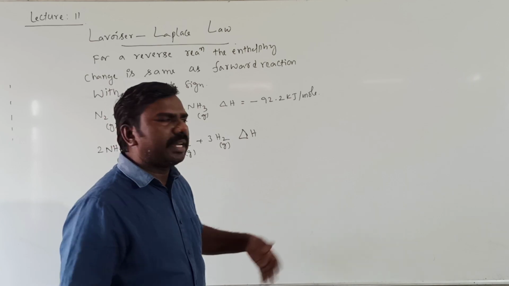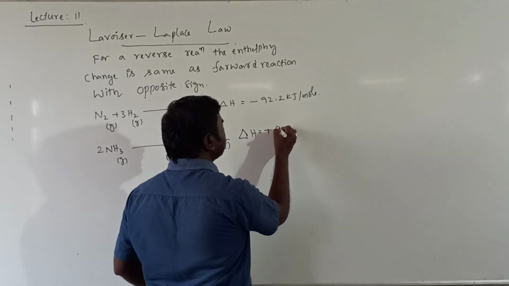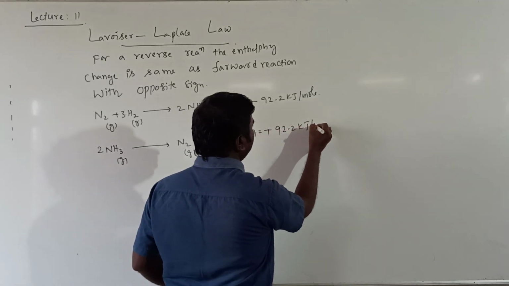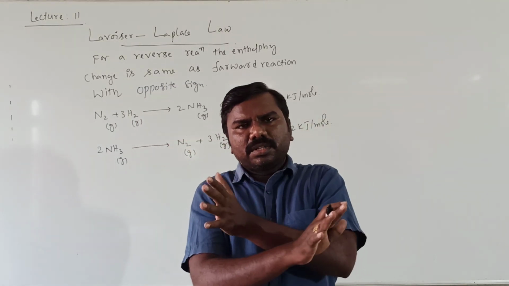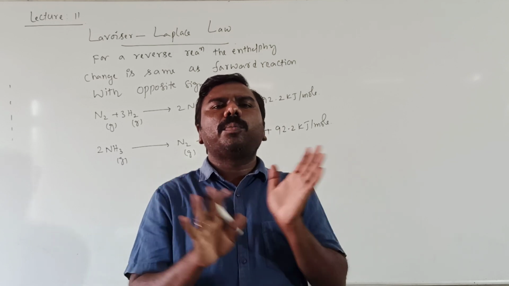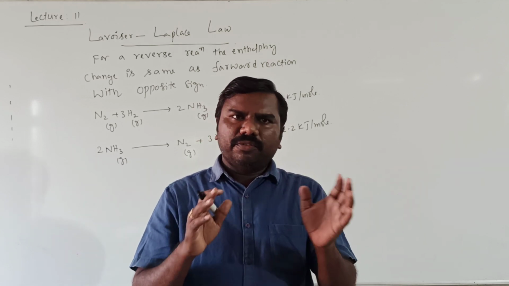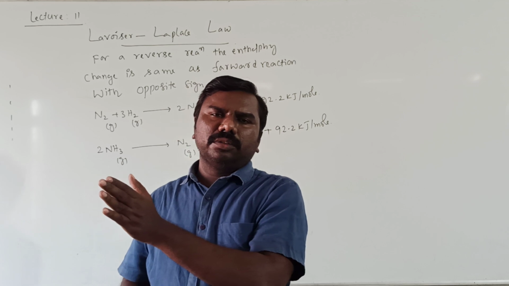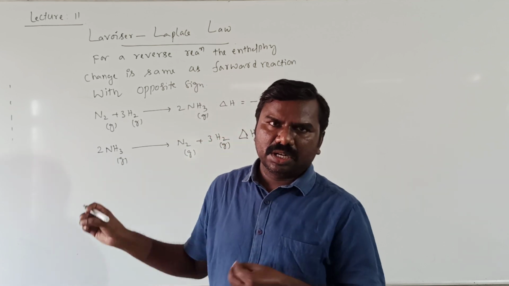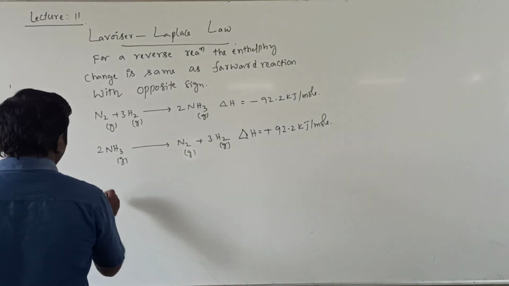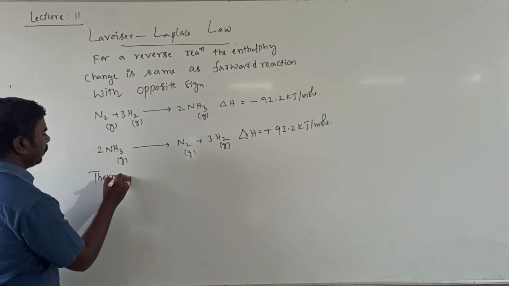Decomposition will be plus 92.2 kilojoule per mole, the opposite sign. Clear? If the reaction is reversed, the value is the same with opposite sign. If the forward reaction is plus 10 kilojoules, the backward reaction will be minus 10 kilojoules. Next one, thermochemical equation.